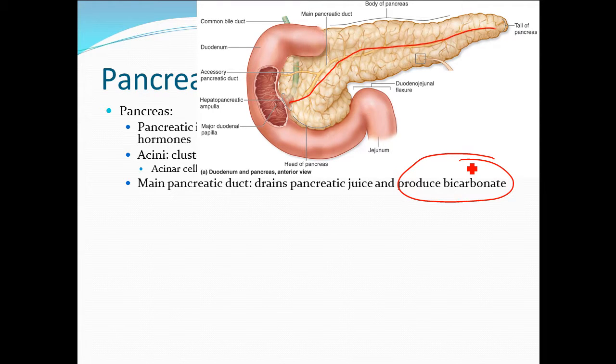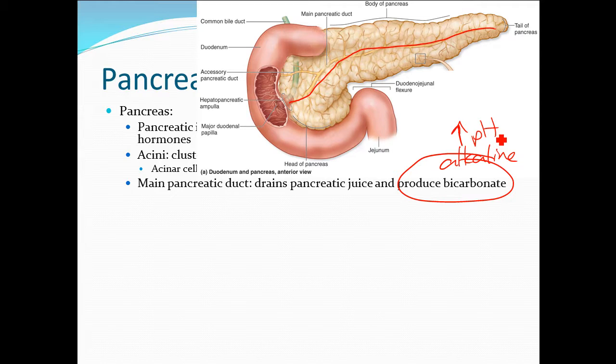Do you guys remember what bicarbonate does again? It's alkaline, right? It's alkaline, meaning that what kind of pH is it? Very high pH. Why do we want very high pH going into the duodenum again? What else is coming into the duodenum?